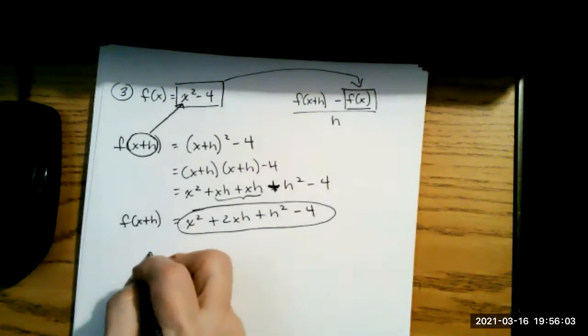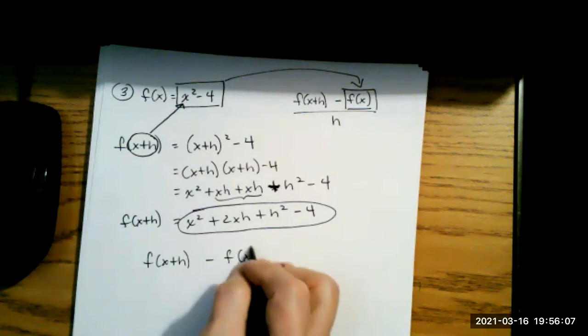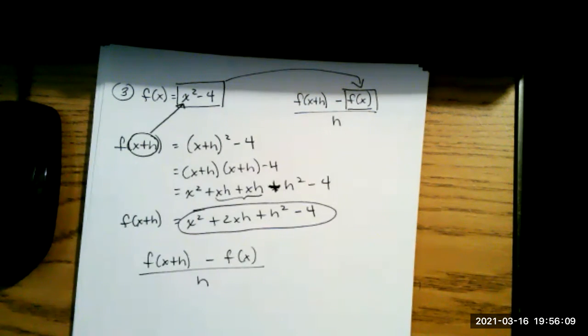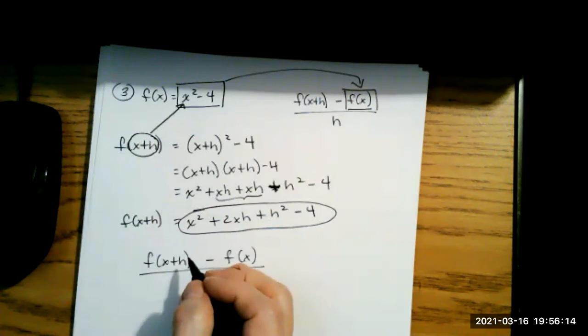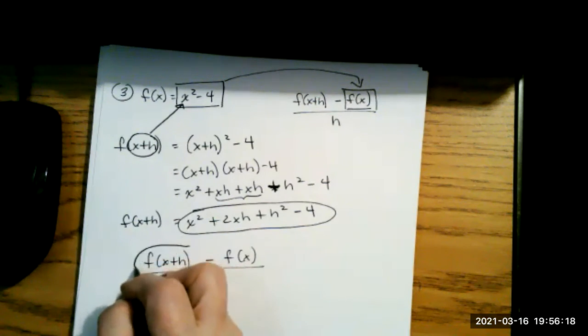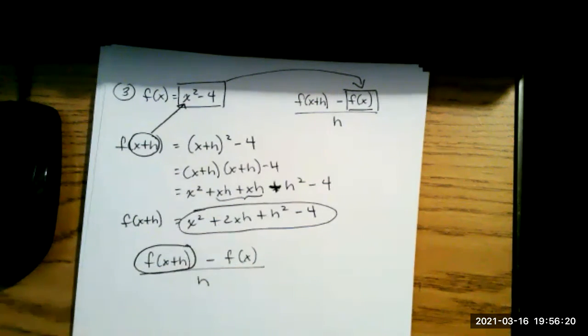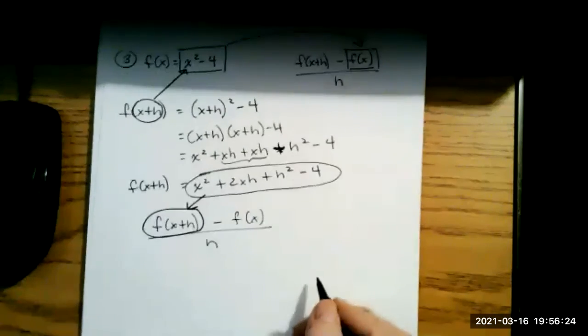And I'm going to put f of x plus h minus f of x over h. So which one, the circled one or the rectangular one, am I going to put in here for this f of x plus h? Circled. The circle. It's going to go right there.